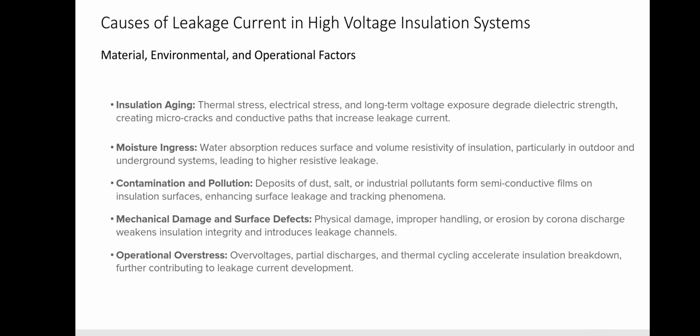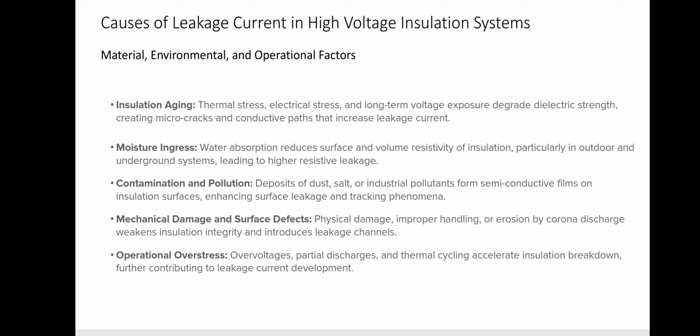Moisture ingress: water absorption reduces surface and volume resistivity of insulation, particularly in outdoor and underground systems, leading to higher resistive leakage.